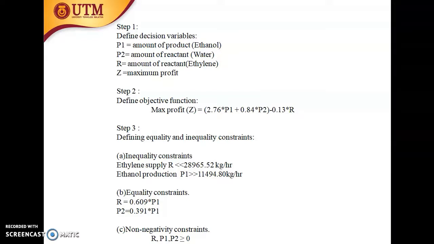The equality constraints are R equals 0.609 times P1, and P2 equals 0.391 times P1, followed by non-negativity constraints, which are R, P1 and P2 more than or equal to 0.